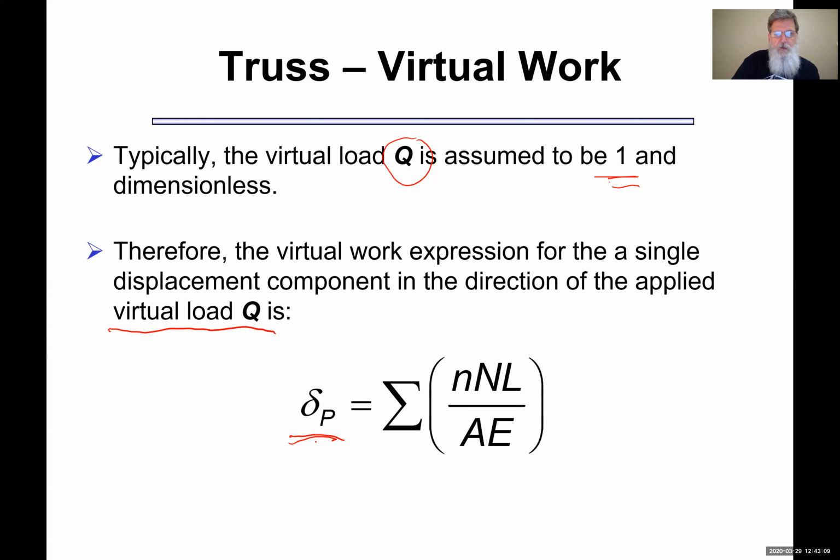And I can compute that by creating this sum for the whole structure. So what does that mean for you? That means you have to do 2 truss analyses. One, define your N values, or the real forces. Then you do the structure again, remove the real forces, apply the virtual load, and you'll find the lowercase n values. Do this summation, and you found the displacement at the original point.